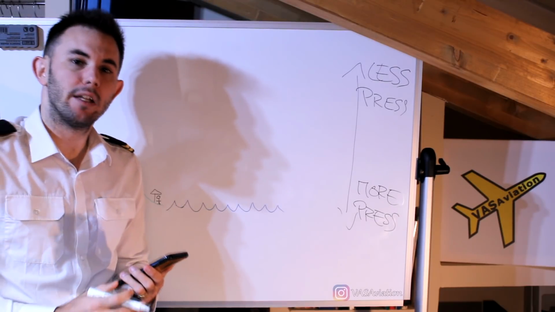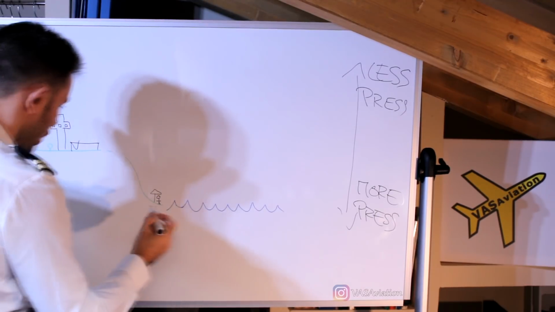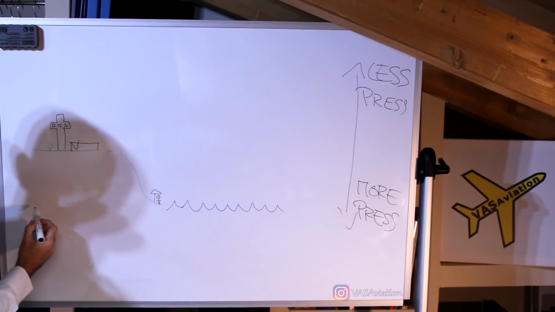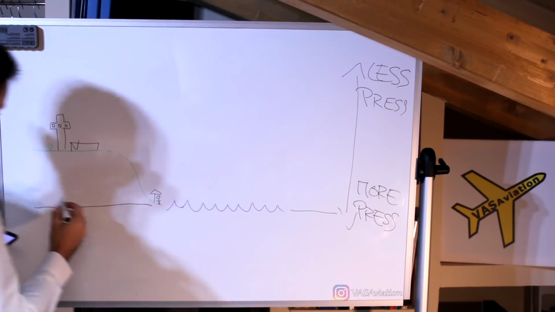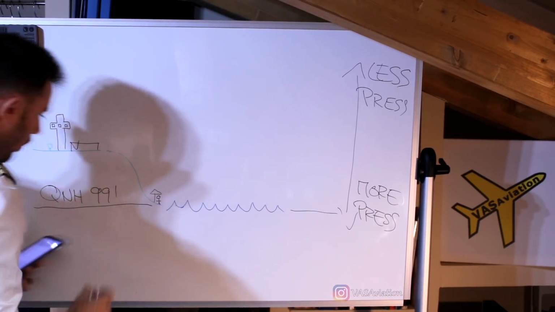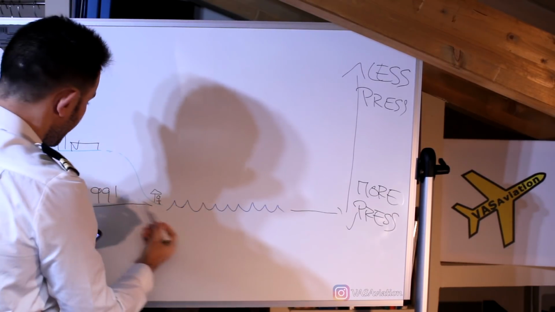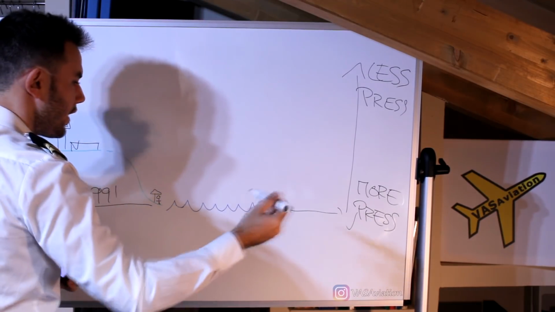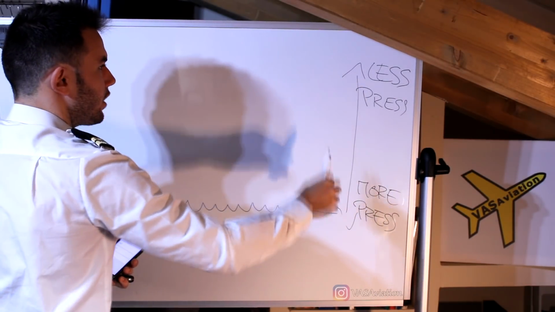So we're given three pieces of data. We have a QNH value of 991, and the QNH is the pressure at mean sea level. So the QNH isobar will go through mean sea level, and we know it is 991. Now our altimeter is adjusted: instead of 991, we are setting 1013 on the altimeter. Remember, as we climb, pressure decreases.